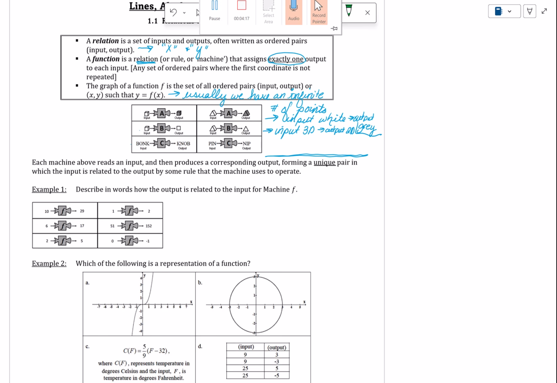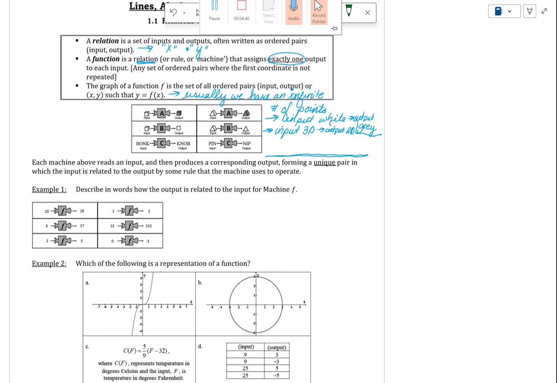Same function, put in a 1 and out came a 3. Put in a 6 and out came a 17. An input of 51 and an output of 152. Input of 2, output of 5, and an input of 0 and output of -1.